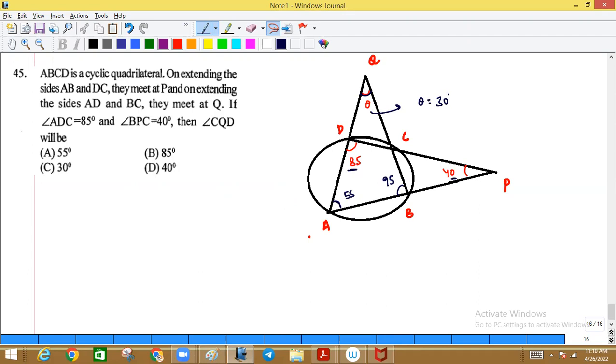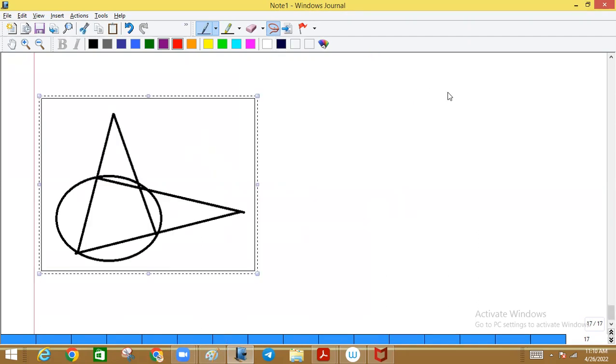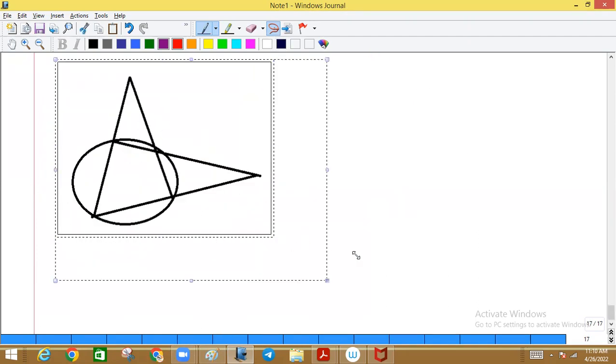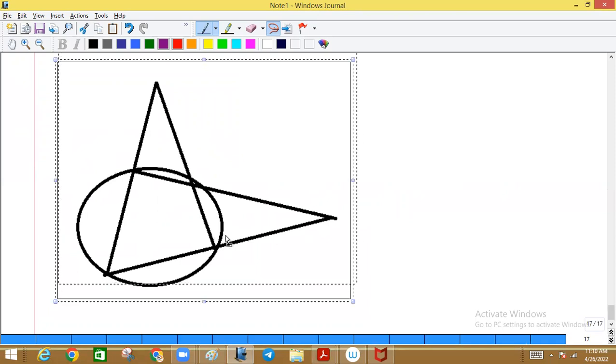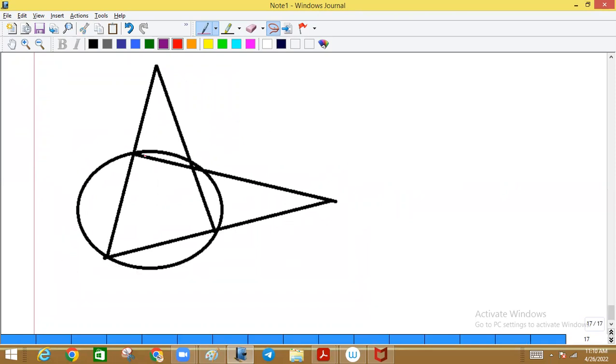Now we'll try to derive. Whenever this kind of question comes, you try to derive a formula for it. What is given? Just try to derive. If it is useful, try to remember; otherwise, don't. If this angle is x, this one is y. We know this is 180 minus x, and this is 180 minus (x plus y).